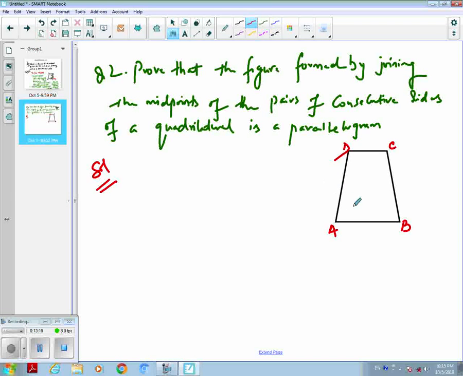Now the midpoints of all these sides are E, F, G, H. Now join them.